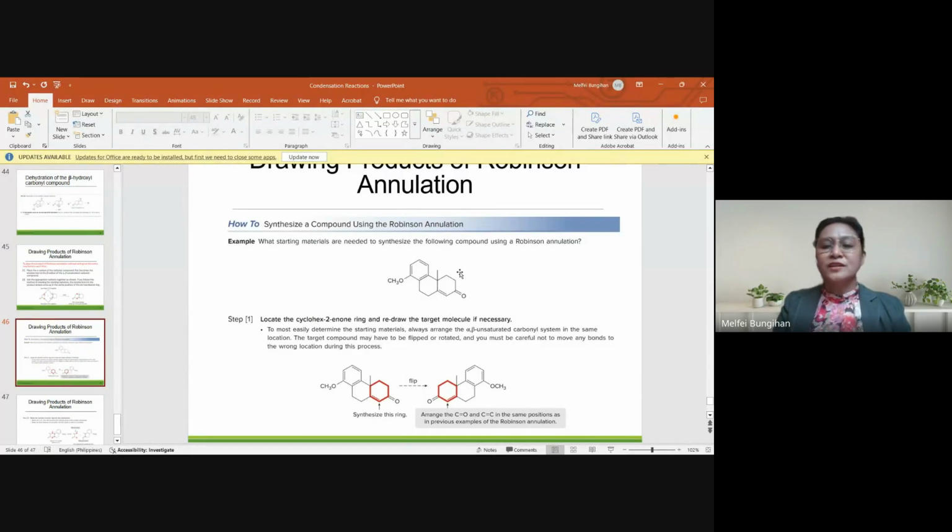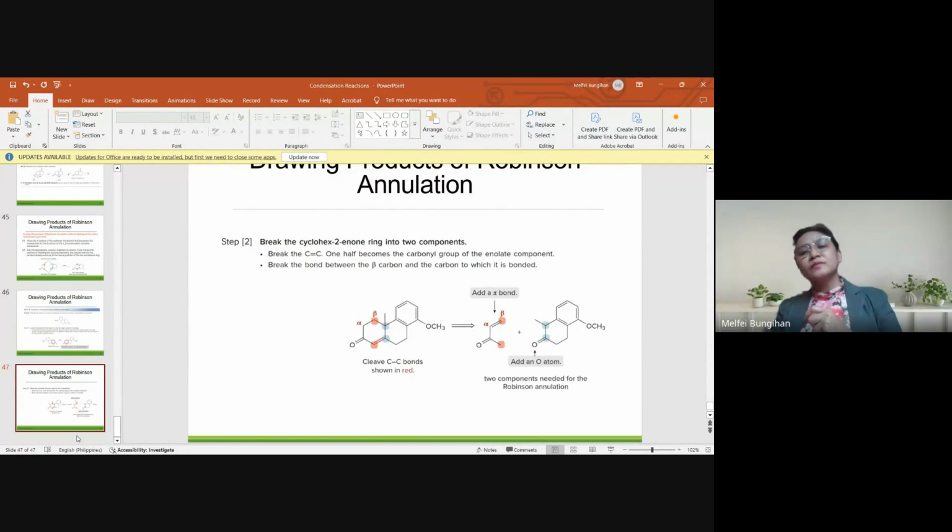Of course, you look at this portion of the molecule where you have your alpha, beta unsaturated ketone, and then you know that that is where you have this synthesis, and then you will know where had been your CO and where had been the initial carbonyls, of course.